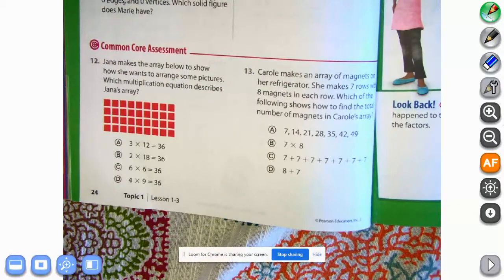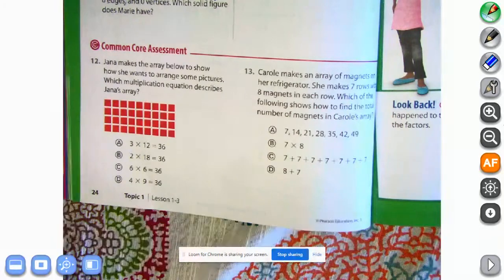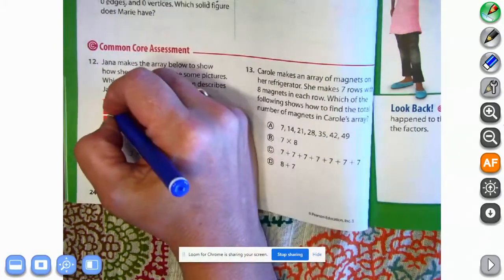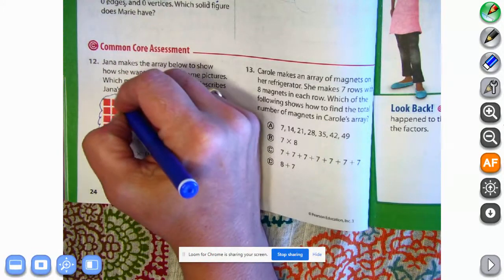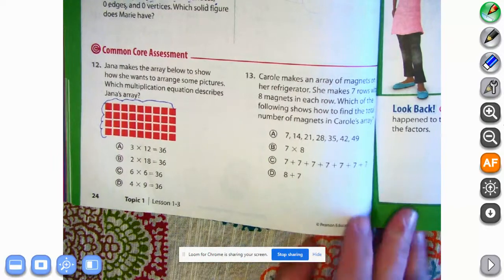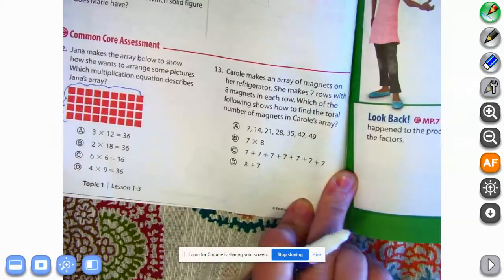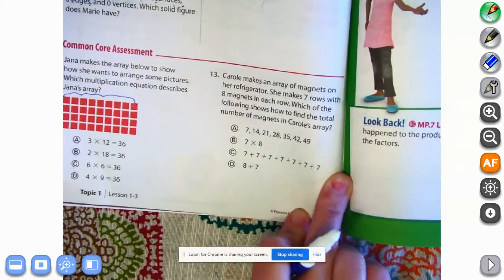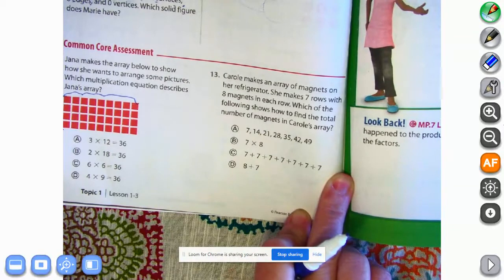Number 12 says, Jana makes the array below to show how she wants to arrange some pictures. Which multiplication equation describes Jana's array? So you're going to look at how many rows and how many in each row. Carol makes an array of magnets on a refrigerator. She makes 7 rows with 8 magnets in each row.